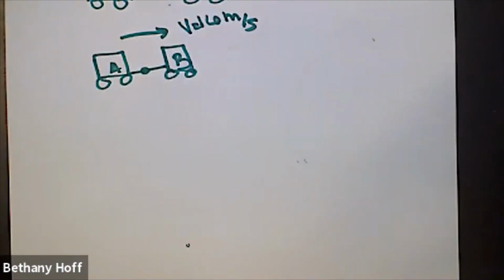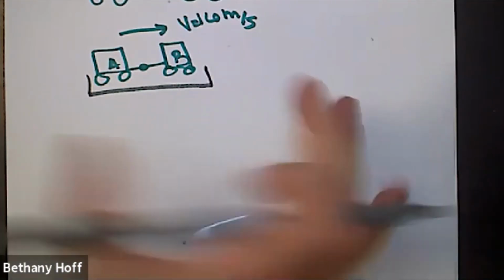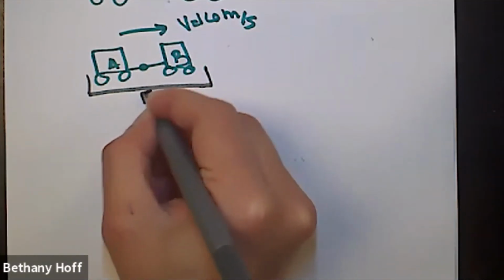So let's think about this in terms of the law of conservation of momentum. Let's go ahead and write down our law of conservation of momentum. Now, I'm going to treat this system right here as a system together, so we're going to call this our final system.